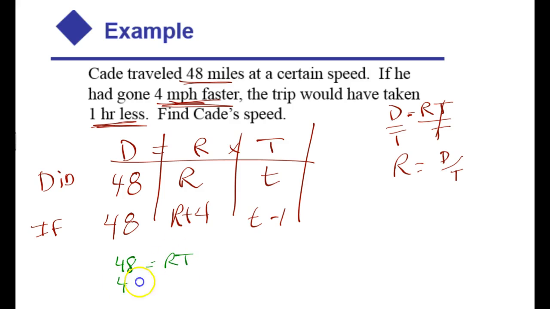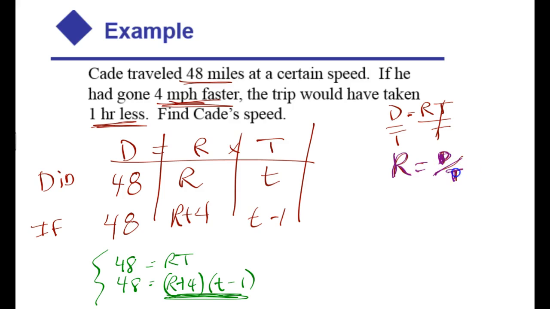The second equation is 48 is equal to the rate, which is r plus 4 times its time. But I was just trying to avoid, this is going to be a little bit of a mess. You can try the green method by solving by systems, but I really think this purple method is going to be a little bit easier. So let's play around with this.